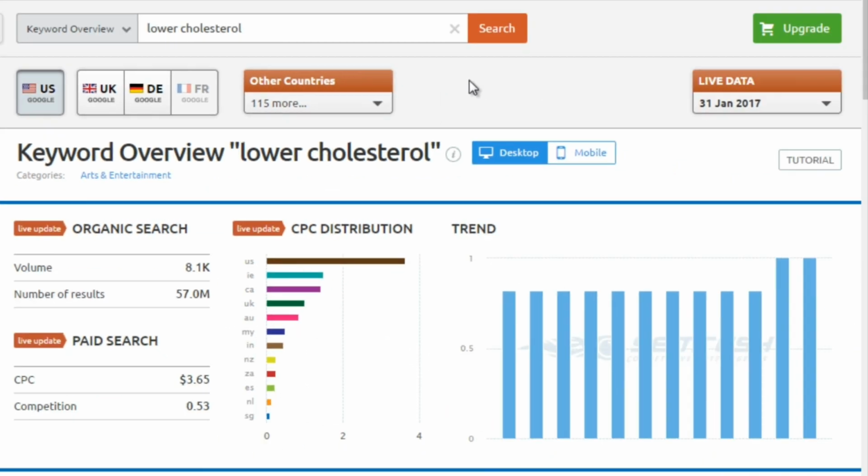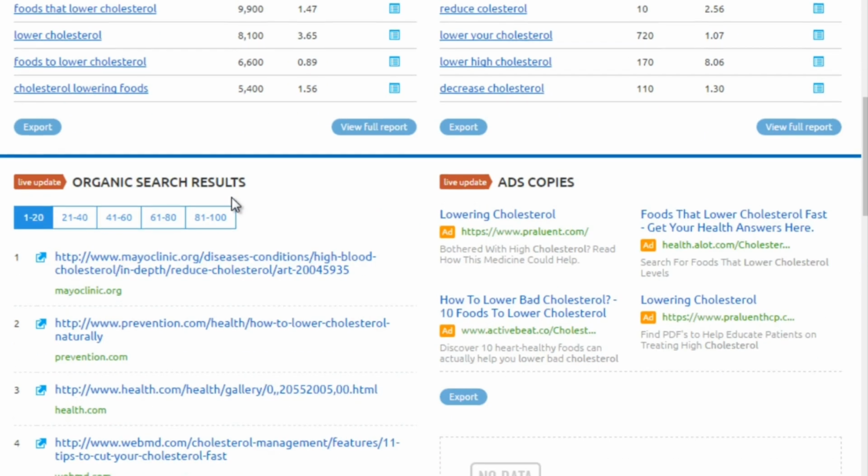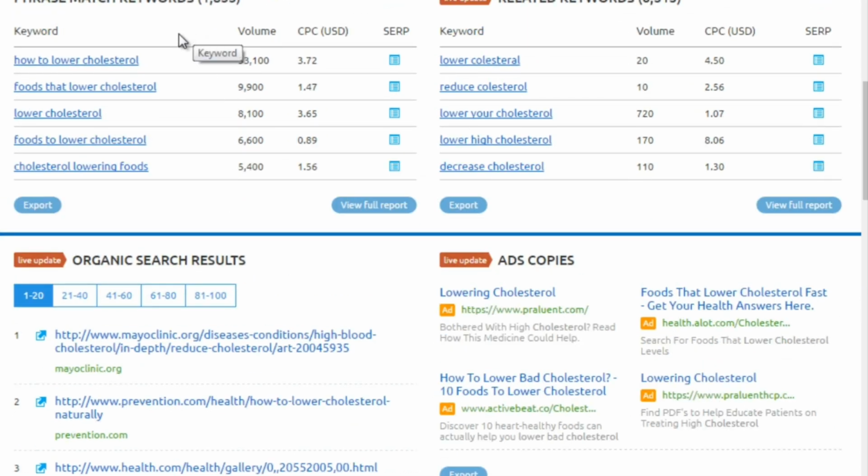And as you can see here, you can choose countries, but I would advise just choose one country. And as we scroll down, we can see phrase match keywords. So as far as lower cholesterol goes, we can see here how to lower cholesterol. We can see the CPC, or what advertisers are willing to spend. And that's a good sign.